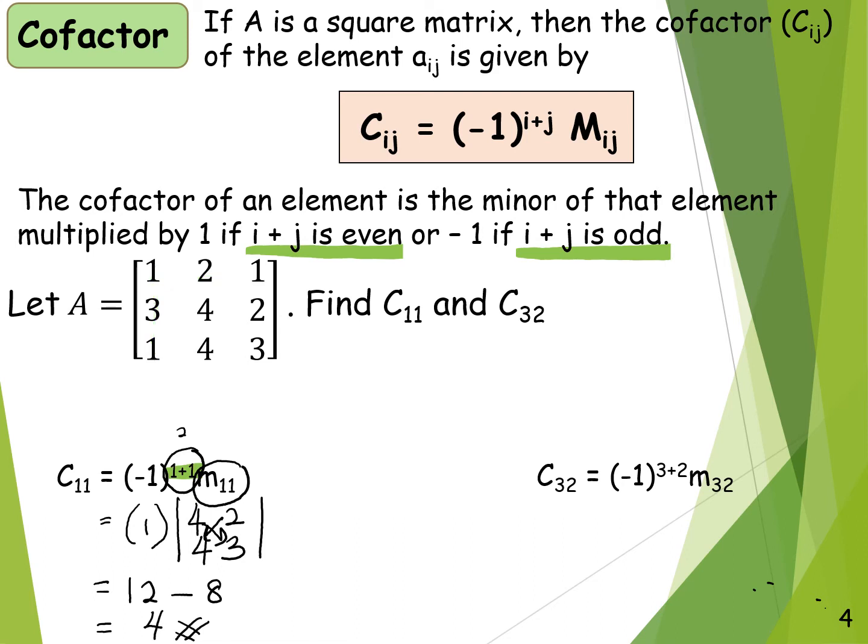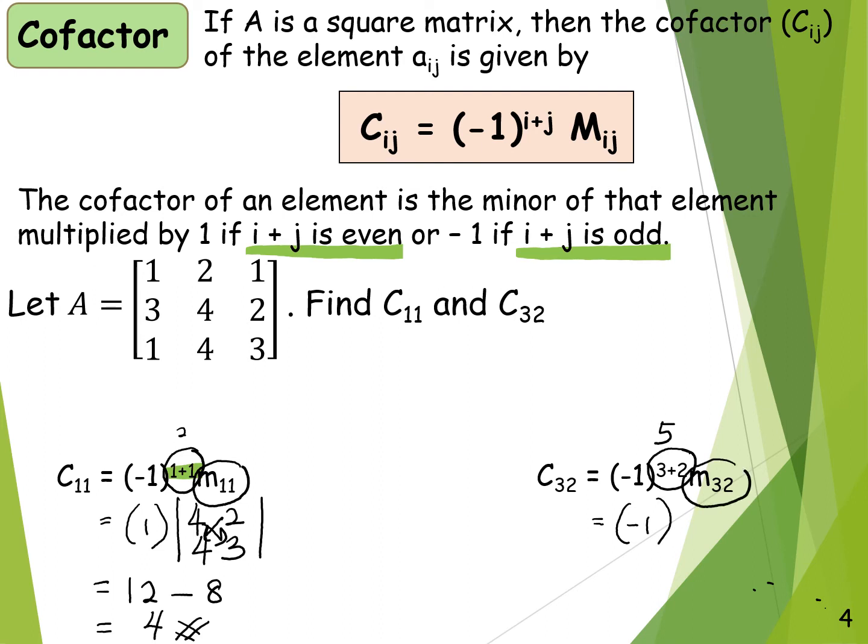Now let's do the next example, C32. C32 is equal to negative 1 to the power of 3 plus 2. So it will give us an odd number, 5. So negative 1 to the power of 5 is equal to negative 1.